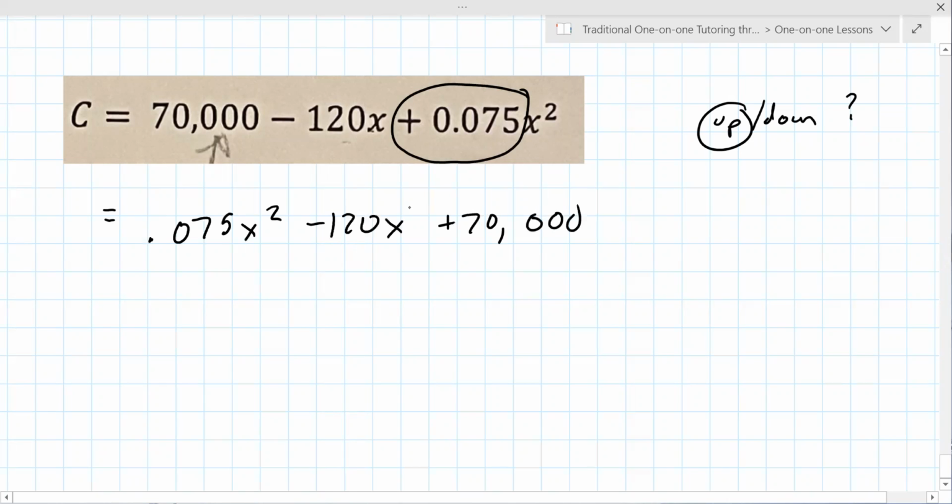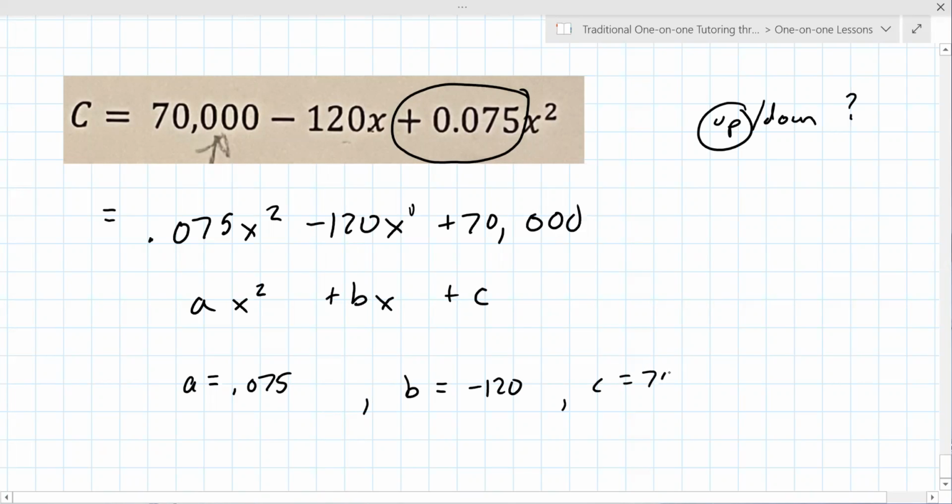And when I say descending, I'm referring to the exponents here. It helps you determine the value of A, B, and C. So in this case, A is 0.075, B is minus 120. It always takes on the sign, and C is 70,000.